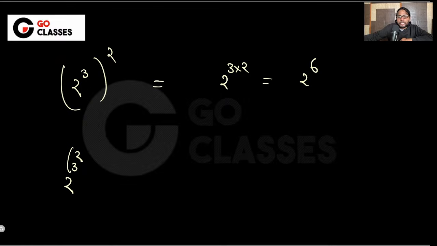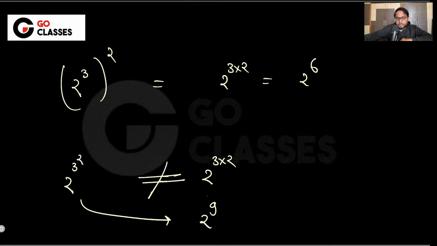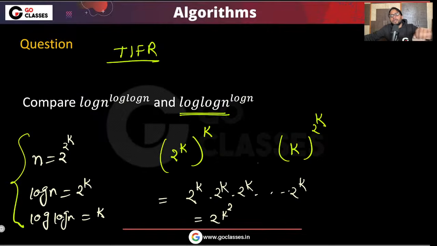Can you write it as 2 power 3 into 2? No, you can't. If it is in brackets, then you can multiply these two powers. If it is not, then you can't multiply, because this is 2 power 9, not 2 power 6. Now here, because of this bracket, you can definitely multiply.